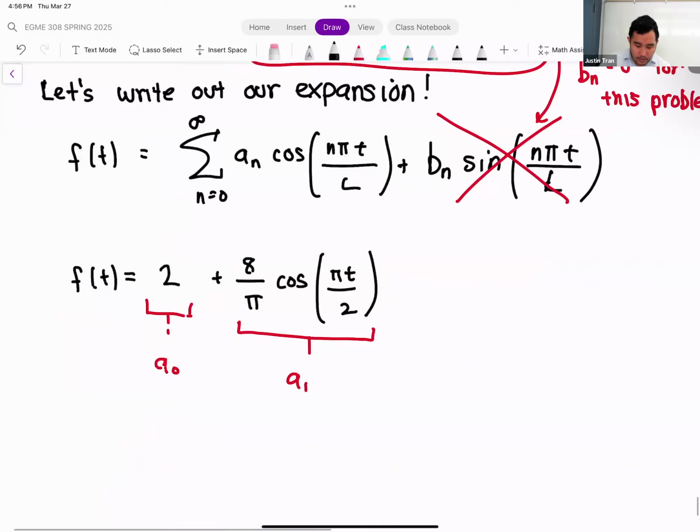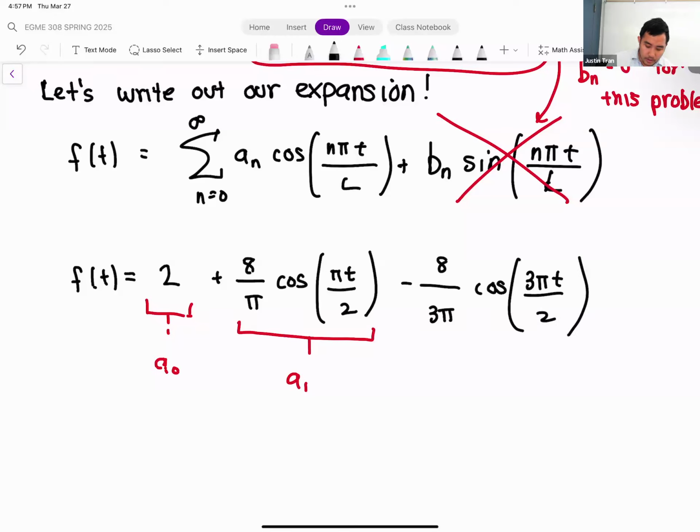So for A3 here, we have a minus 8 over 3 pi cosine of 3 pi t divided by 2. So this right here is the A3 term.